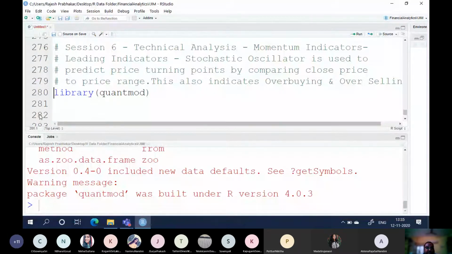So the stochastic oscillator is the momentum indicator. It will also indicate overbuying and overselling within the market.